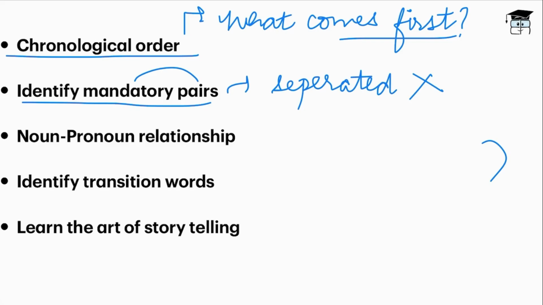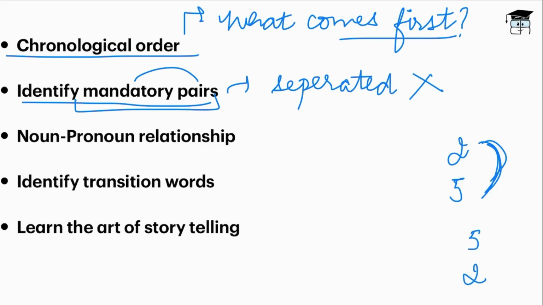For example, I have a word in sentence 2 and I also have a word in sentence 5 and both these words are interlinked or are mandatory pairs. Now I will know that I cannot separate these two words. That means either the order will be 2 and 5 or the order will be 5 and 2.